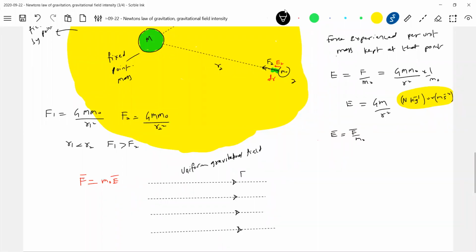What is the magnitude of this E? If I keep any point mass here, in what direction will it experience a force? It will experience force in the direction of the field. Now I'll keep another mass M2 here. Yes, it will experience the force like this.